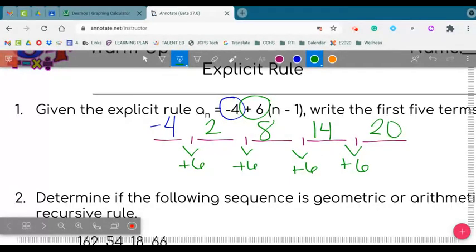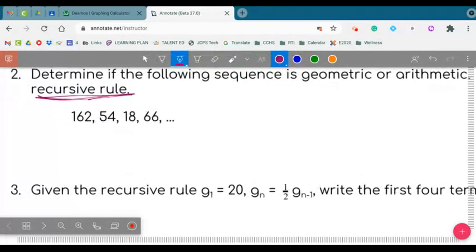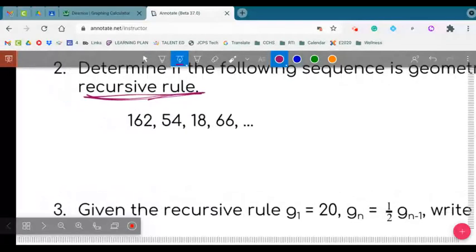Okay, the next one says determine if the following sequence is geometric or arithmetic, then write the recursive rule. So if you guys remember, this is where we have to differentiate between our rules. The recursive rule is where we have to identify our G1 first, and explicit is whenever everything's in one equation. So let's first determine if it's geometric or arithmetic.